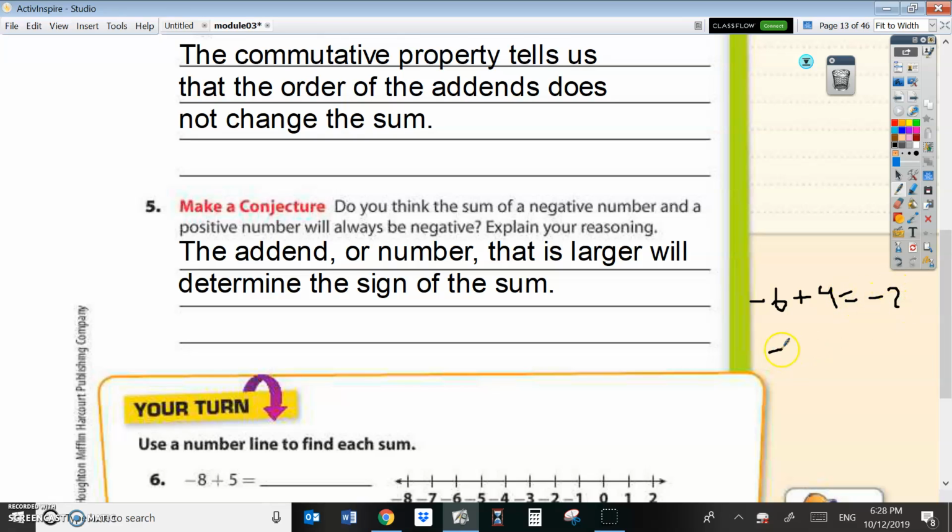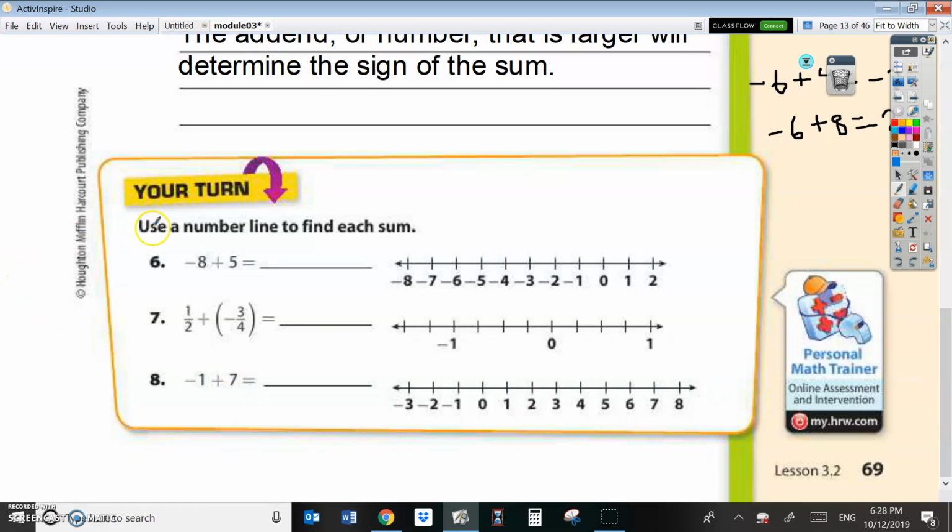But if you have negative 6 plus 8, you're going to get positive 2. So use a number line to find your sum, starting negative, going positive. Here I am at negative 8, and I'm going in the positive direction, so I'm going to go 1, 2, 3, 4, 5, negative 3.